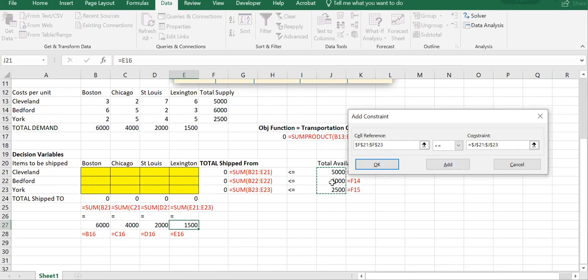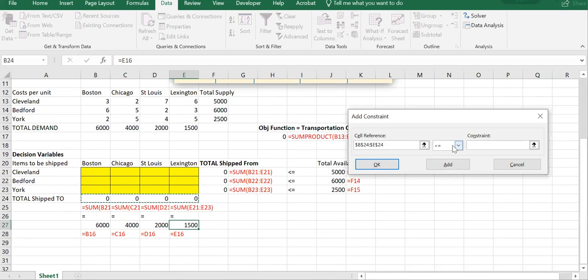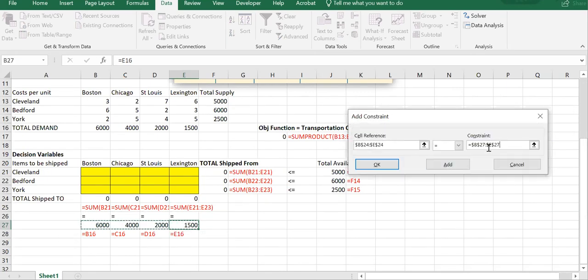And Excel is going to take the corresponding cells and form 3 constraints here. Add, and then the demand constraints, left-hand sides equal right-hand sides.